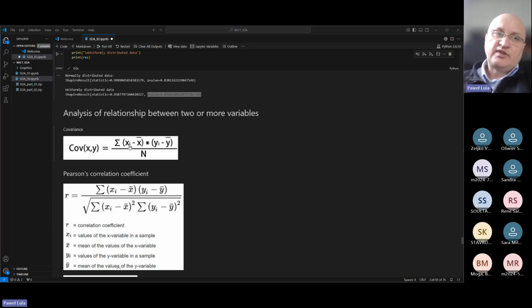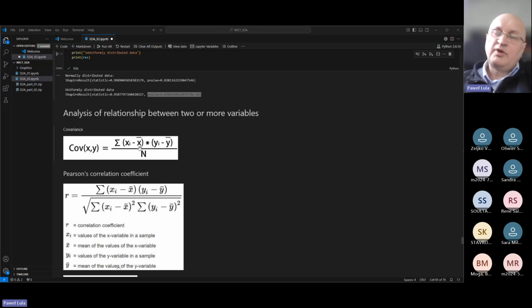It is the difference between a given value and the average value. It may be negative or positive. If it is positive, it means that the value of this variable for a given object is greater than the average value.